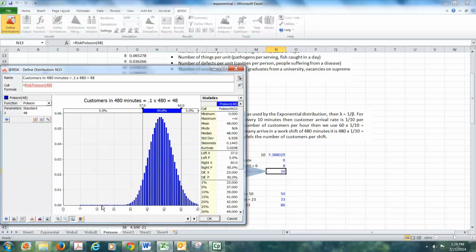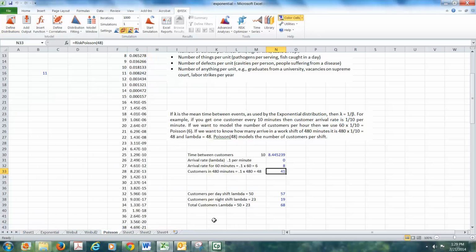You expect 48. There's some probability, it's rather small, that you could have as few as 30 customers. There's some probability, rather small, that you could have as many as 70. But this is a picture of the variability that you would encounter in your workplace. The Poisson distribution is very useful in risk analysis, and the number of examples is large.